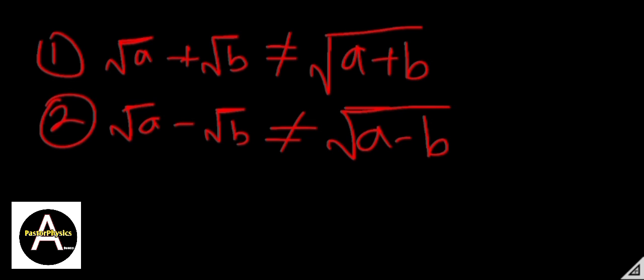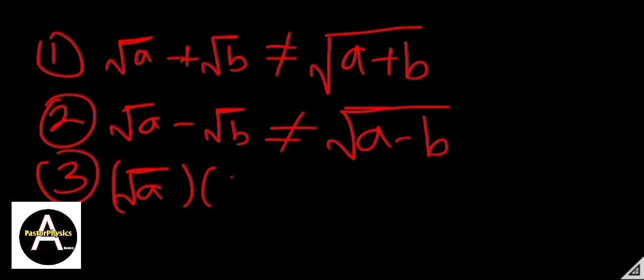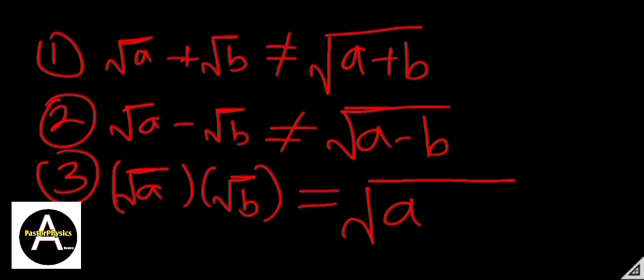Now the third rule of SURD you should understand is the rule of multiplication. Now this is where it is possible. Root a times root b is the same thing as root of a times b.